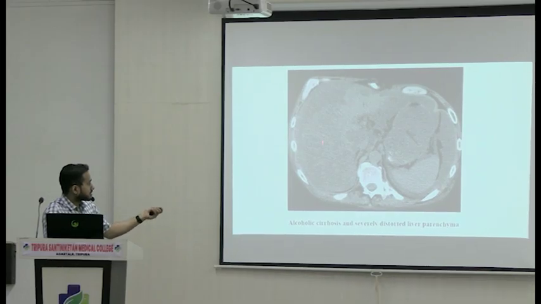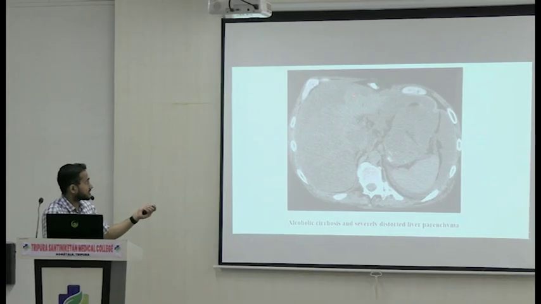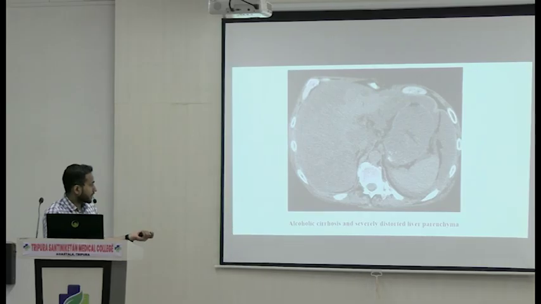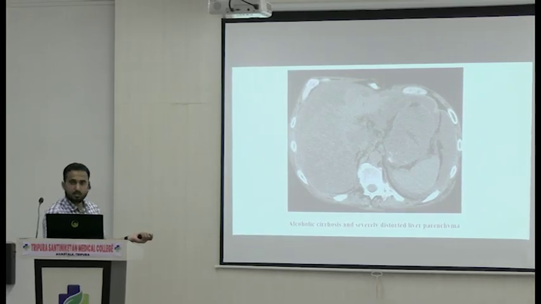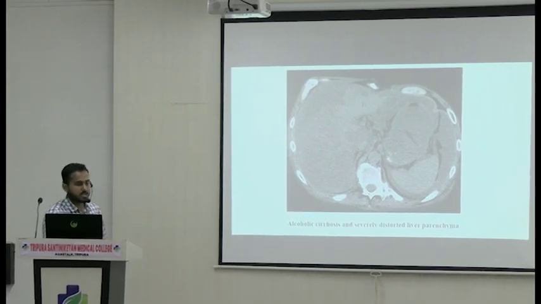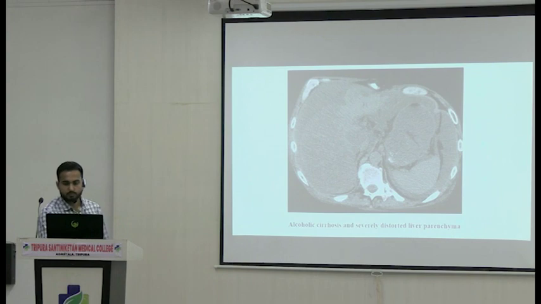This is a case of alcoholic cirrhosis where the liver tissue is severely distorted. See here the tissue density is different. That means the normal parenchyma is not there; distorted parenchyma of the liver has taken place. So this is the appearance in case of alcoholic cirrhosis of the liver.